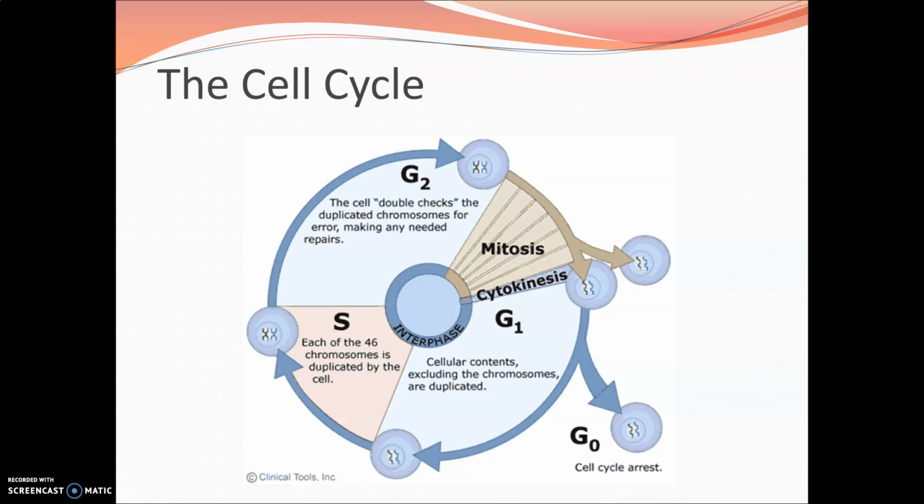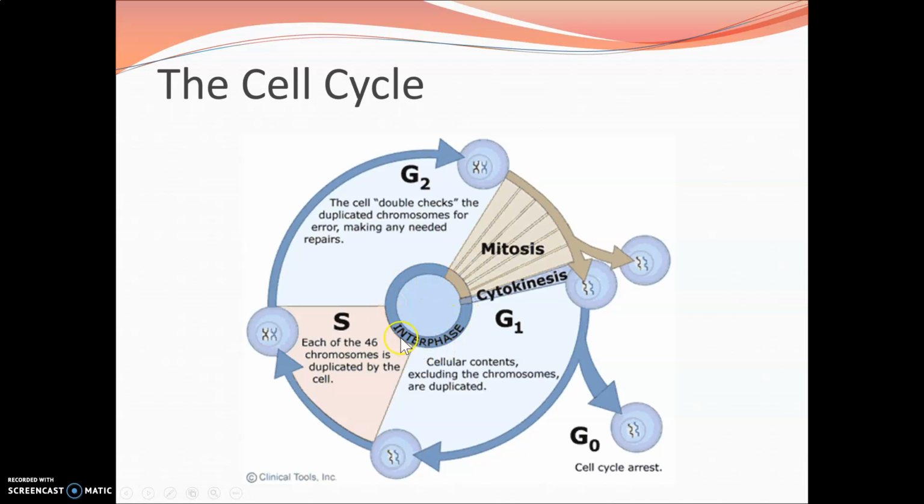So this is a diagram that we will usually use to talk about cell division. Notice the different sizes of each of these steps. Those sizes show you how long each step takes. You can see from this diagram that most of the cell cycle happens in interphase. Interphase is the part of the cell cycle that takes the longest. It's what we call the growth and maintenance part of a cell's life cycle.